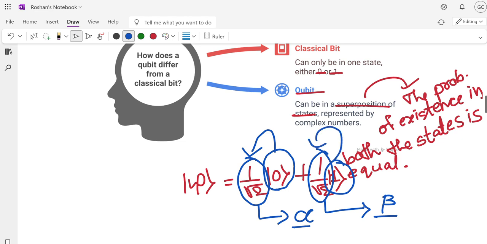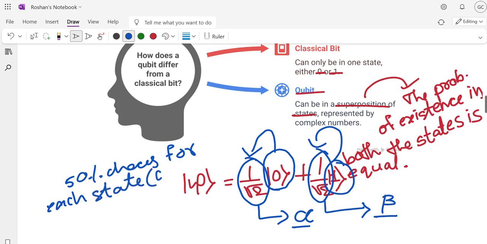Okay, good. This means there is a 50% chance for each state, that means the 0 state or the 1 state.